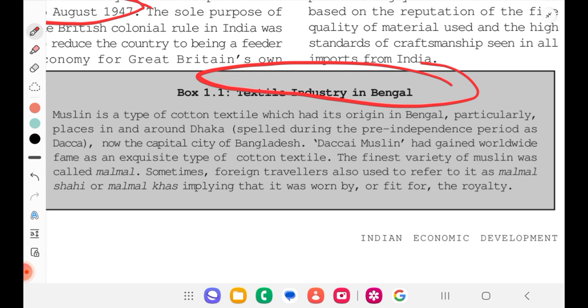The finest variety of muslin was called malmal. Sometimes foreign travelers also used to refer to it as malmal shahi or malmal khas, implying that it was worn by or fit for the royalty.